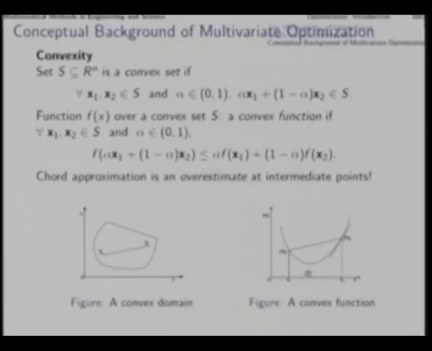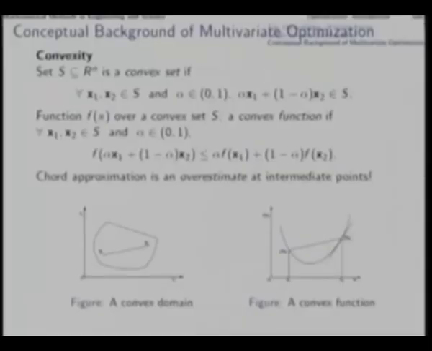So, at this point the function value through a chord approximation will be found to be this, whereas the actual function value is here. The actual function value is lower and the chord approximation is higher. Chord approximation is an overestimate. So, this kind of a function is called a convex function, that is, for being a convex function, such a thing must happen at every pair of points for every intermediate value.